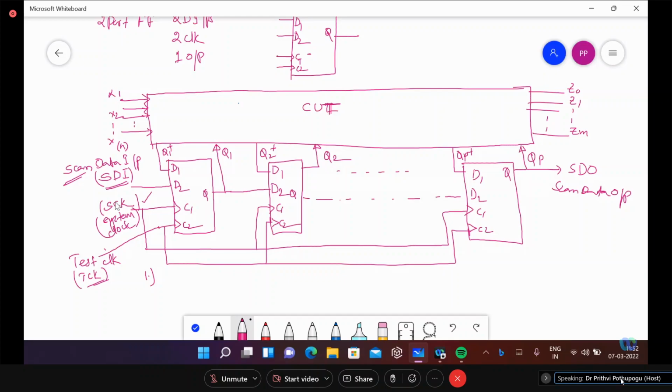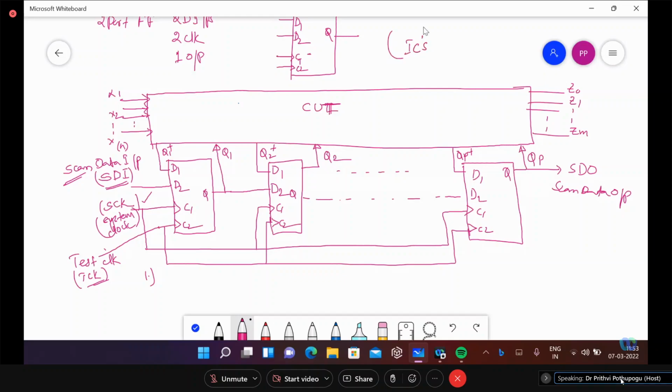And if you have such systems, where these test vectors are repeated, or the same test vector is applied to plenty of other circuits, take the testing of ICs.